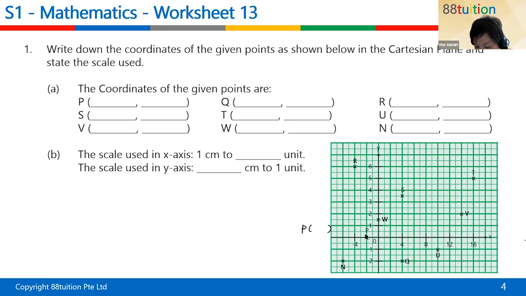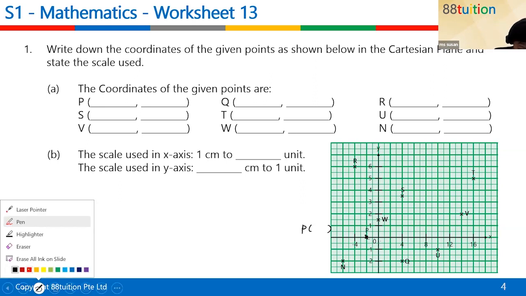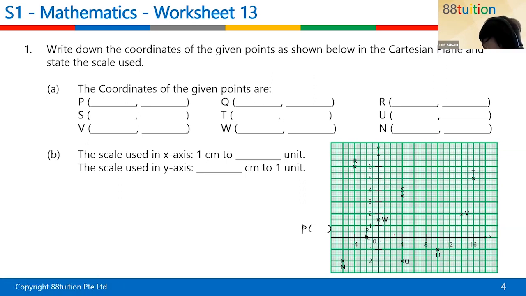Oh, okay. Before I go on, I want to talk about the scale. Negative, you see, when you have this, I put it in red, then you will be able to see. 0 to here is 4. So to here is 2, right? So if this is on your graph paper itself, you can see that this is 1 cm. Okay, but because my scale is in the soft copy, I shrink the size.